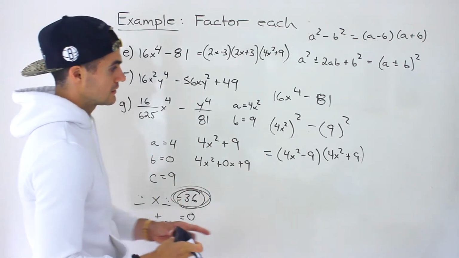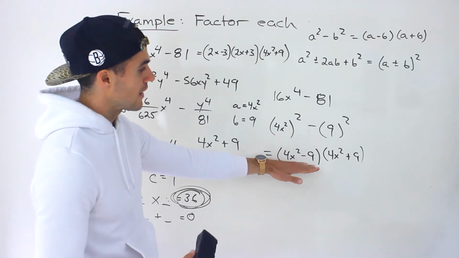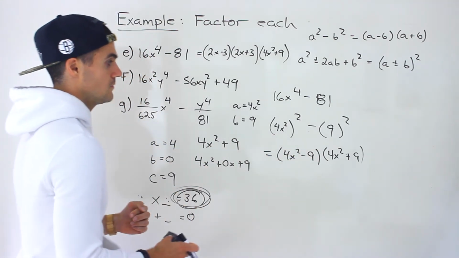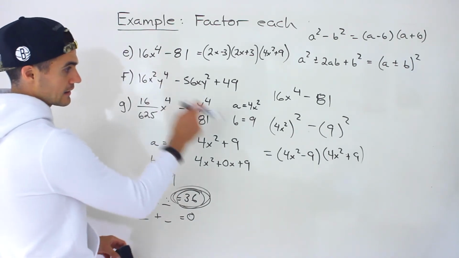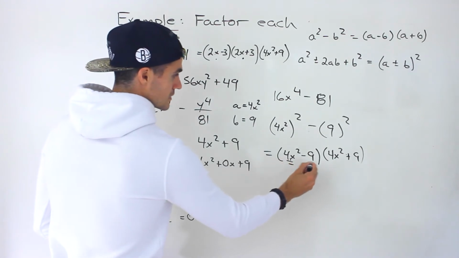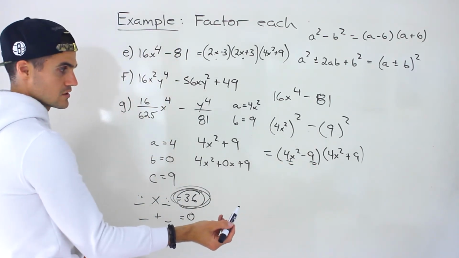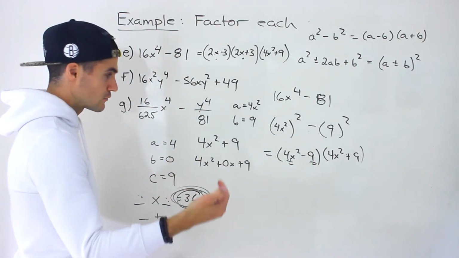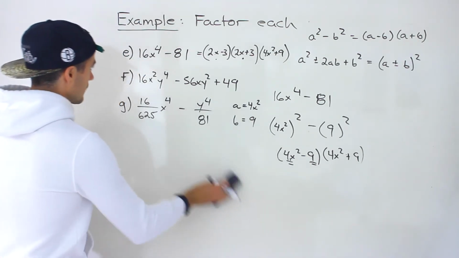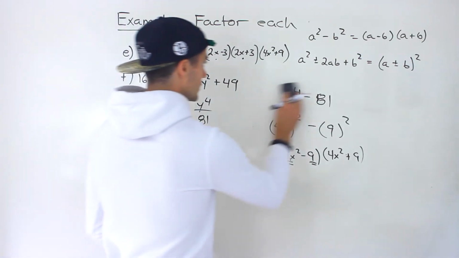And that's usually the case. It's usually this bracket that can potentially factor further. Not always, like in the previous example, but sometimes it can. Like in this case, this factors into those. Basically, if you could take the square root of those, then you know you're dealing with a difference of squares. Okay, so that is the answer to part E.